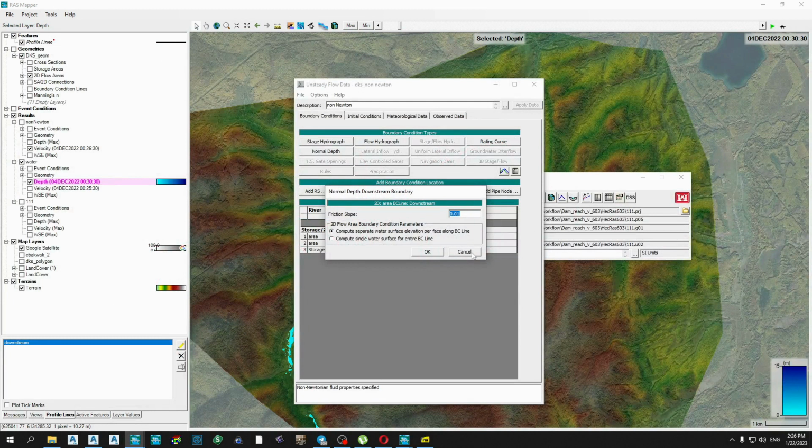But you need to understand that this slope will change from time to time. You can just use an average value of friction slope in your normal depth boundary condition window. I think this step is not as correct as the first, when we move our downstream cross section as far as we can along the terrain. But sometimes it works.